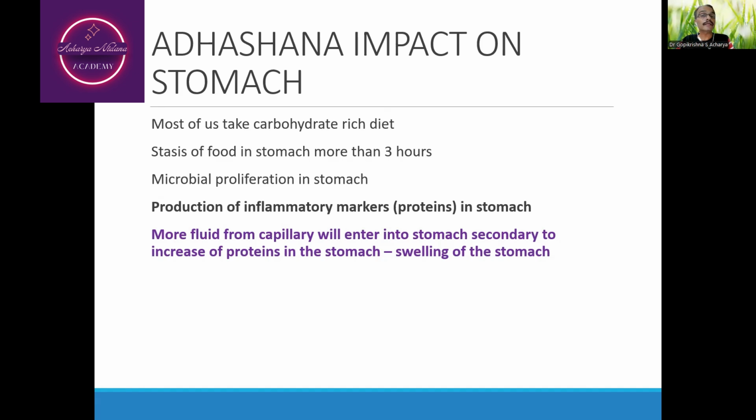Thus, they will be entering into the lymphatic system, thereby entering into the Hridaya. That means Ama, that is transported from the Mahasrotas into the Rasa, thereby enters the Hridaya. This will be bypassing the hepatobiliary system or portal system.